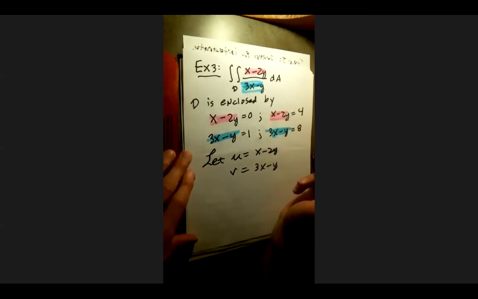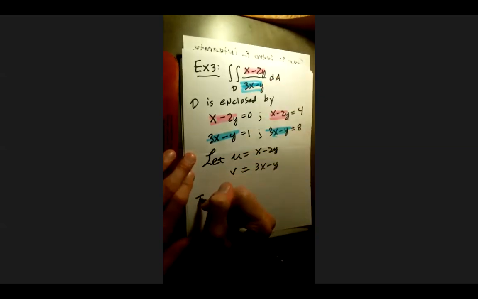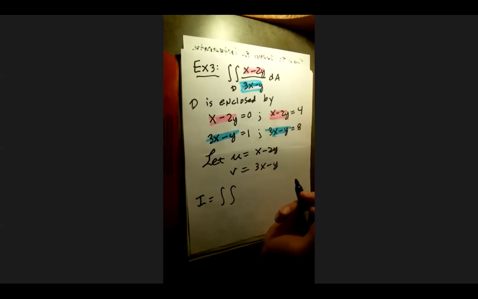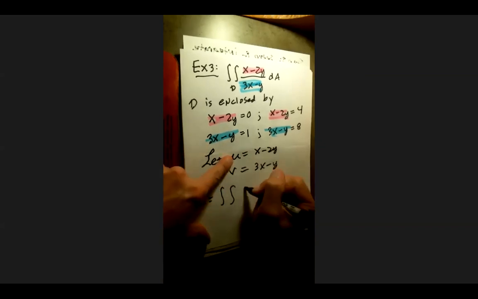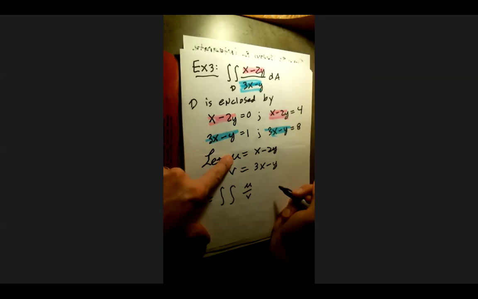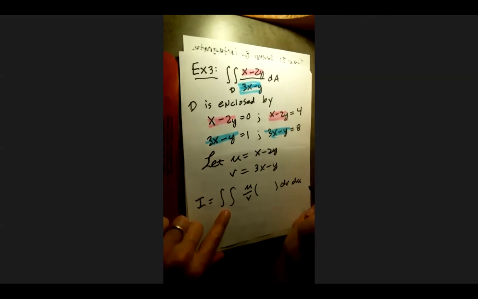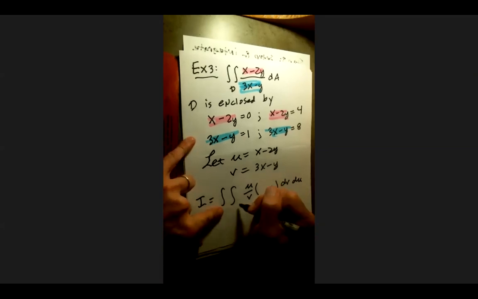Good. And so then this integral I might be the integral of the u over the v. And I don't know which order we want to do. Maybe we can leave some space. Maybe we'll do dv du. What are our v's going to vary between? 1 and 8.